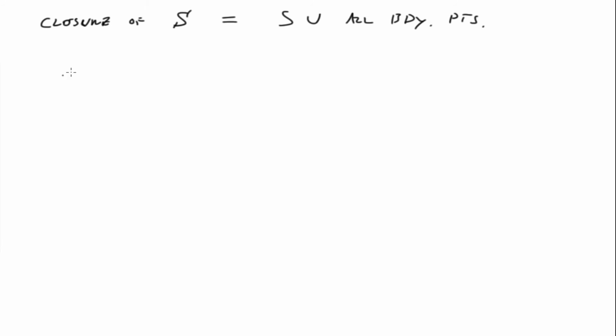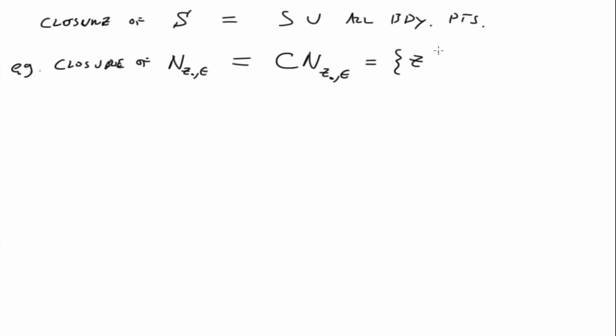Okay, and so in this case, now if I wanted to close, so here's my example, a closure of the neighborhood, I can call that CN maybe for closure of the neighborhood, and that will simply be the points Z that are epsilon distance or less, or equal to epsilon.